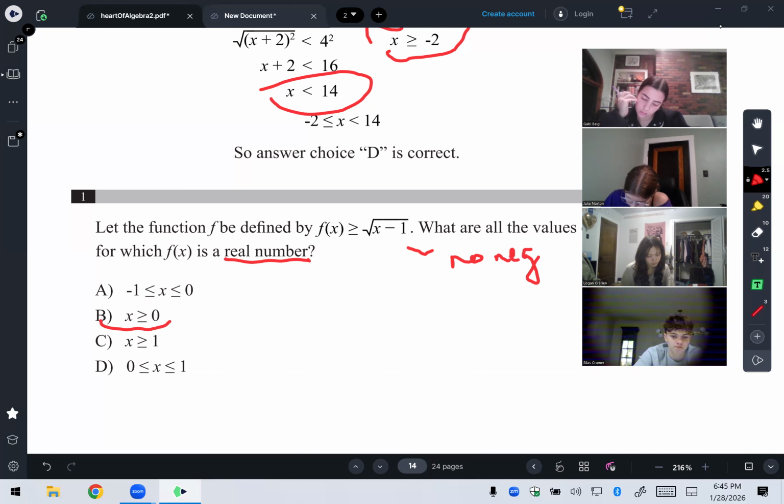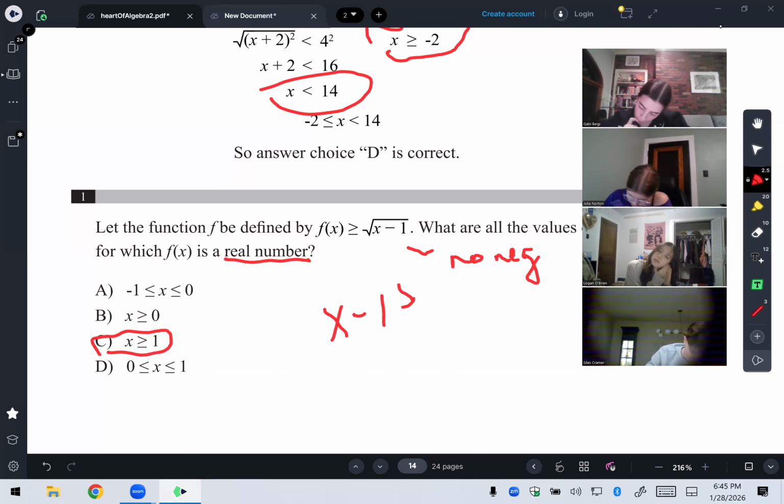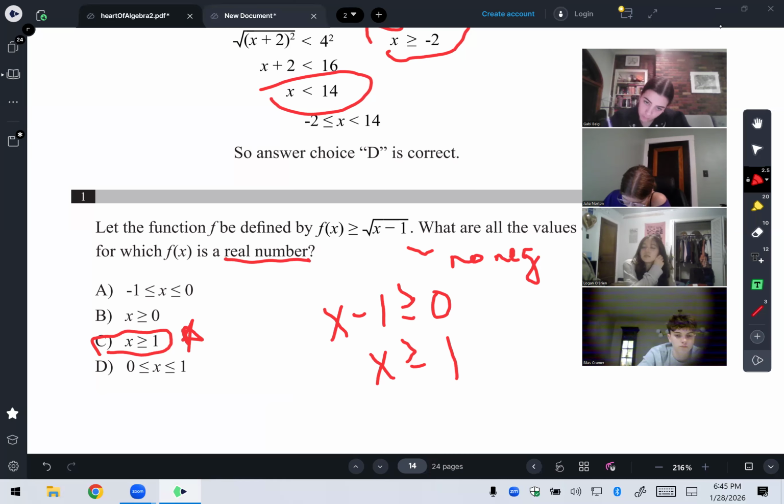Just write that first. All right, then add 1 to both sides. So that one has to be C. Makes sense? Because it has to be real, or there's i involved.